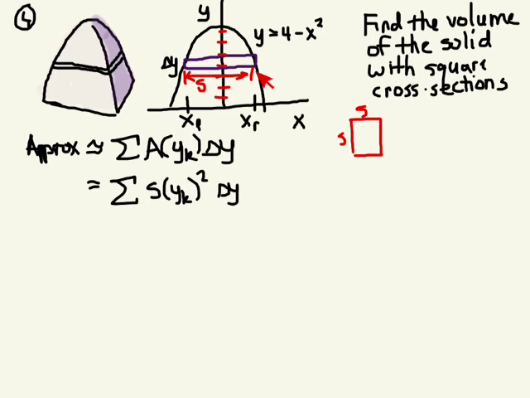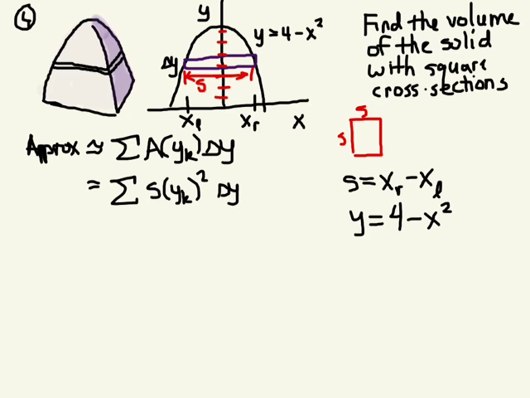Alright, so if I label these points x on the right and x on the left, then that will allow me to write my side as the value of the x on the right minus the value of the x on the left. And so what I need to do is take my formula for my parabola, the curve, y equals 4 minus x squared, and I'll solve for x.